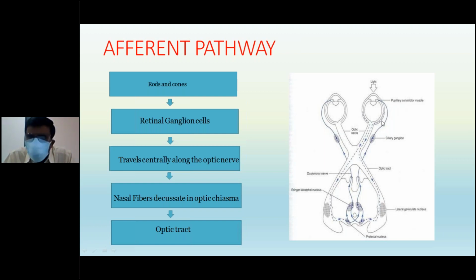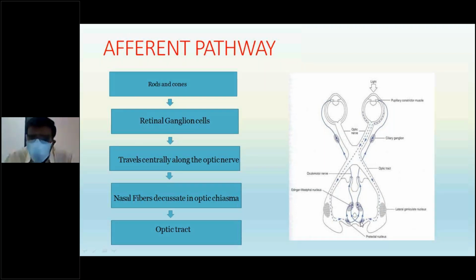These are the fibers. Afferent pathway starts at the layer of rods and cones. From the layers of rods and cones, light enters the ganglion cells, through the axons to the optic nerve. From there it reaches the optic chiasma. From the optic chiasma, it reaches both the sides.